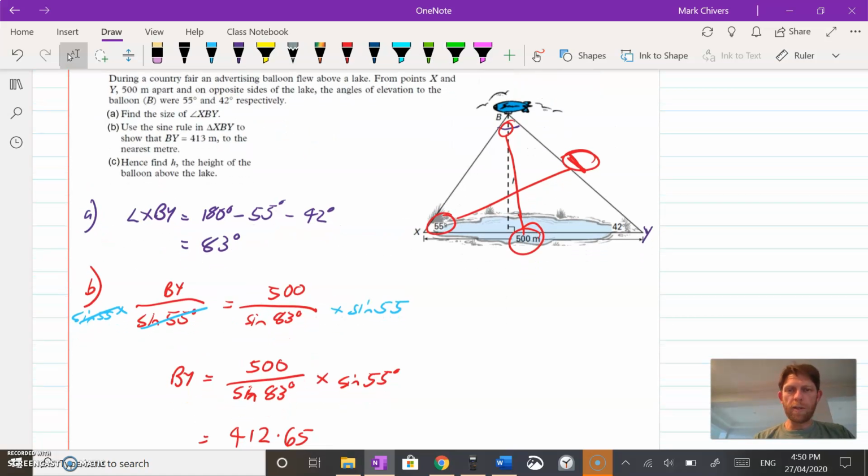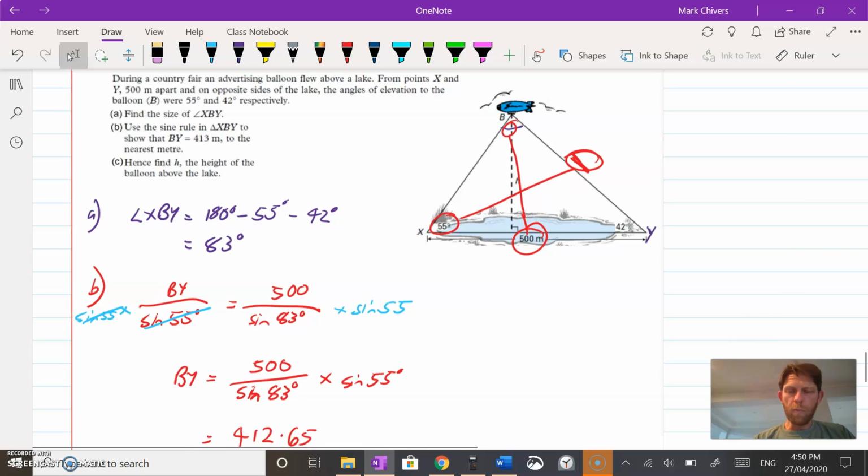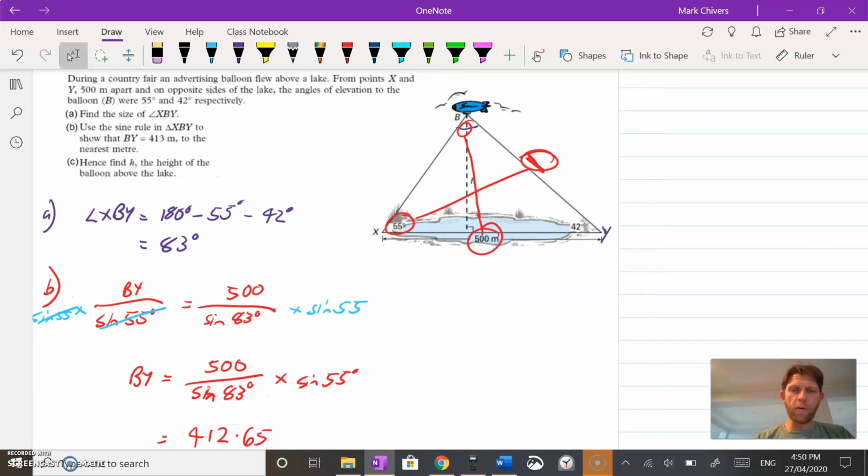So now that we know this side, in this final question we'll use the triangle on the right hand side here. That's just a right angle triangle. So for part C, we've got this angle here.